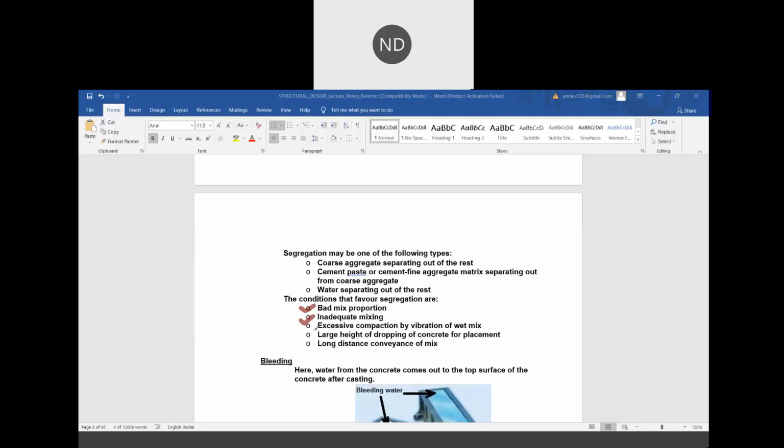Excessive compaction by vibration of wet mix. Large height of dropping of concrete for placement. Long distance conveyance of mix. These may be the favorable conditions for segregation.